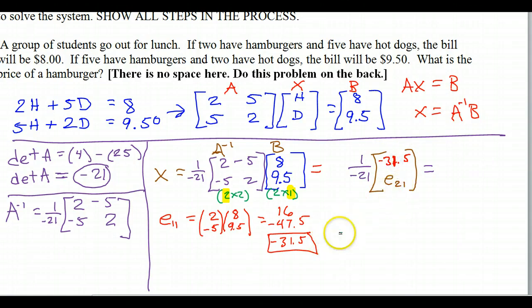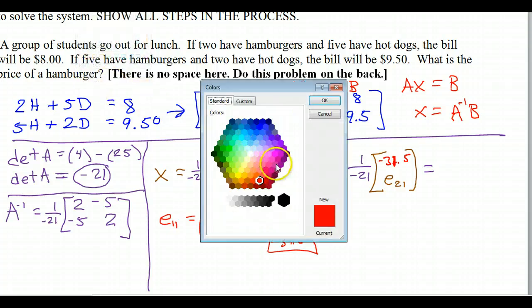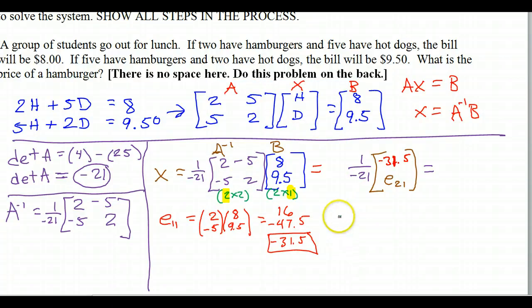Now let's find element 2,1, which I will do in pink, my friends. Element 2,1 is row 2, column 1. So row 2 is negative 5, 2, and column 1 is 8, 9.5.